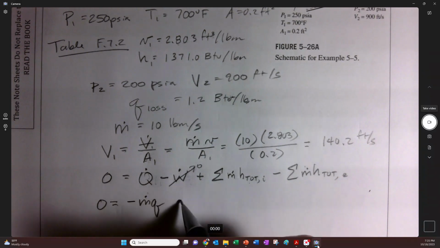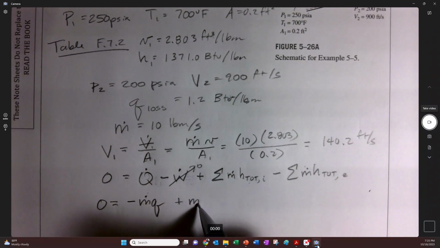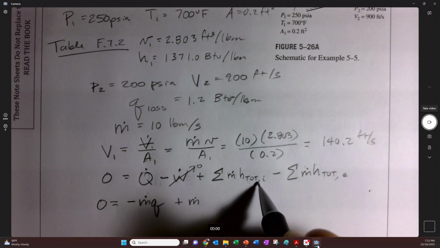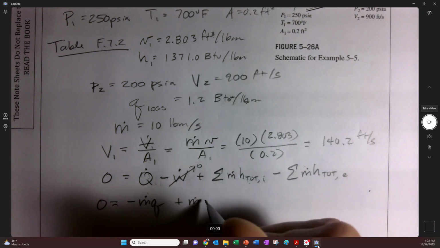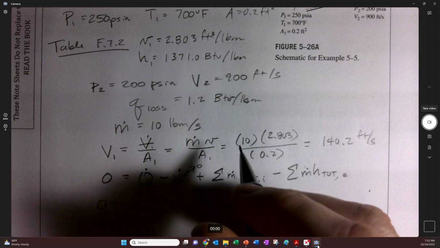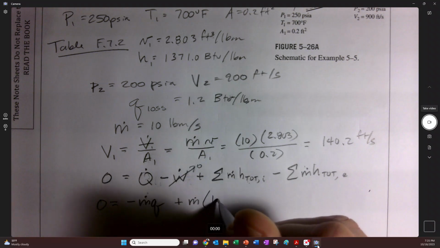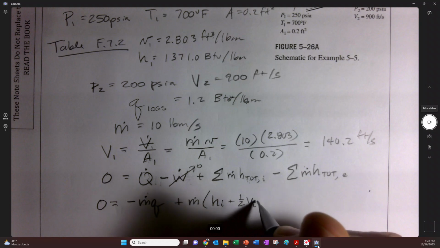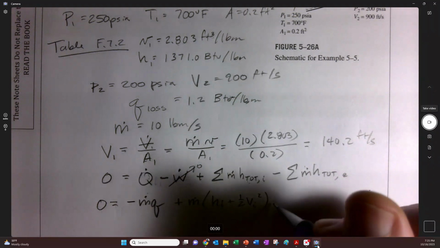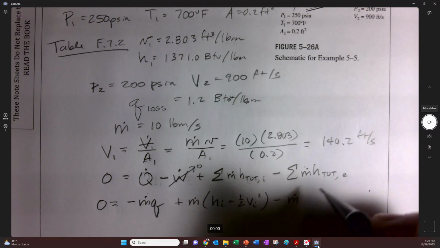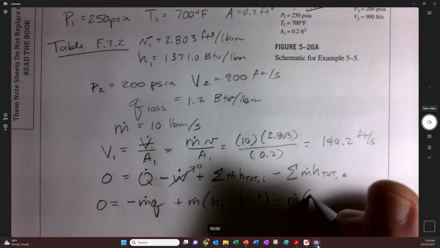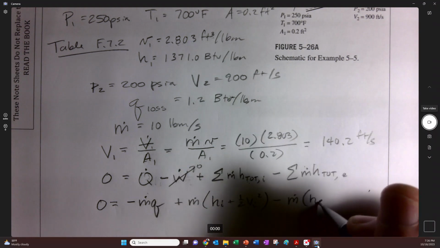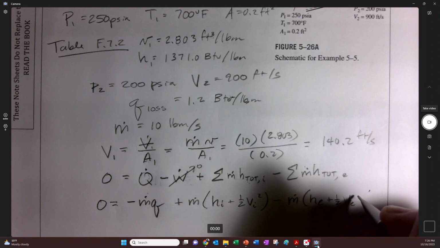And so here we're going to go plus M dot, and then the total coming in. So that's going to be M dot H in plus 1/2 V in squared minus M dot times H exiting plus 1/2 V exiting squared.